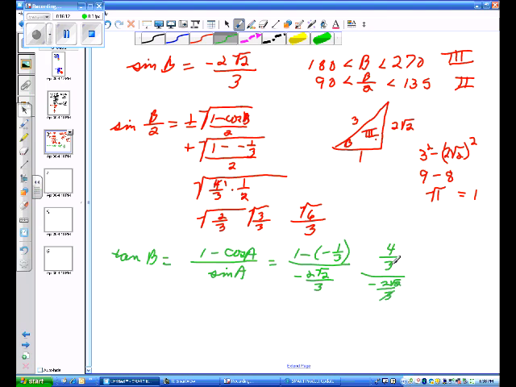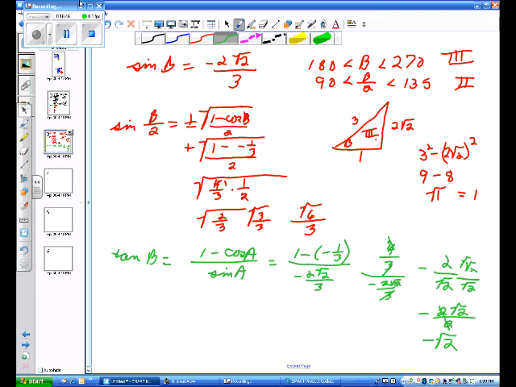My 3's will cancel. My 2 will go into 4 2 times, so I end up with negative 2 over the square root of 2. And I can rationalize that multiplying by the square root of 2. I get 2 square roots of 2 over 2, and those will cancel, so I have negative the square root of 2. I had needed to bring my negative sign down there. So that would be the tangent.